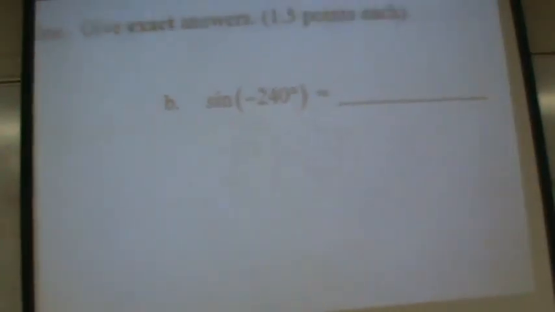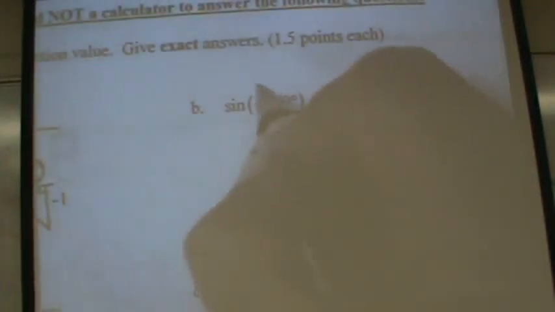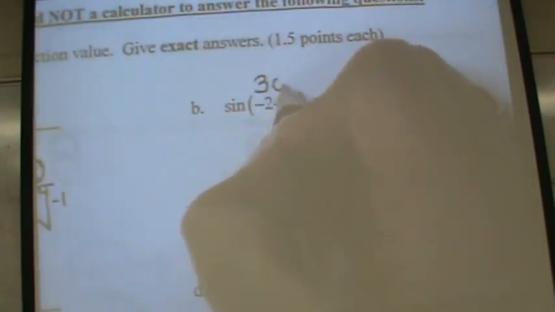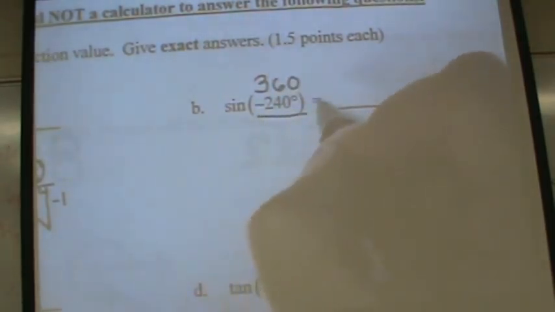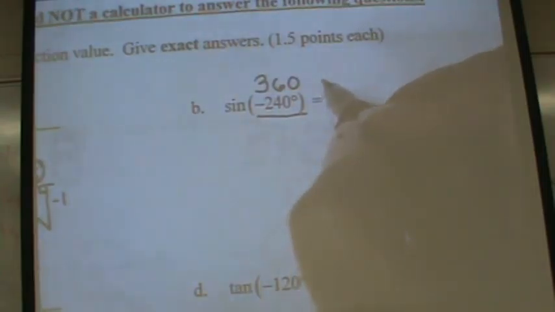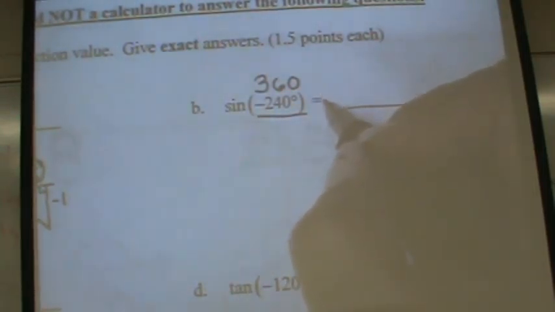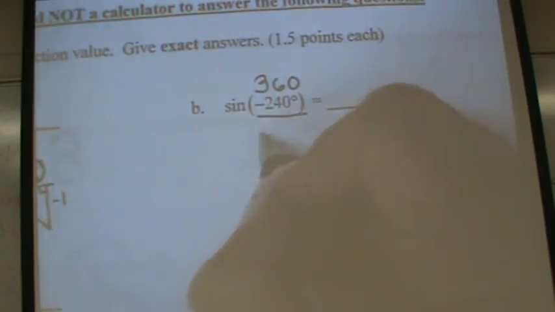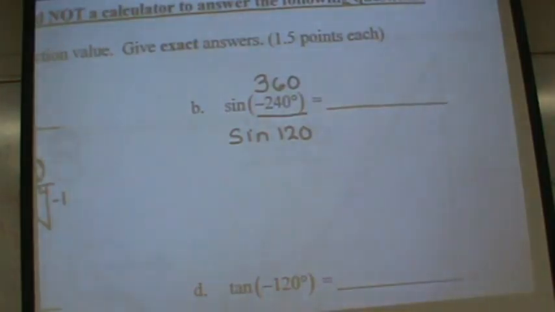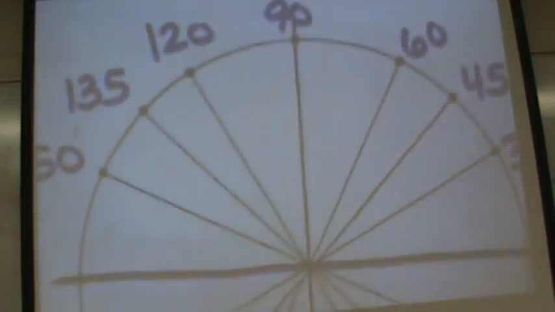I don't like going backwards 240. So I'm going to add 360 to this. Because I like to go from the x-axis, I like to go around. I like to make a positive angle. So if I go the other way, I get sine of 120. Where's 120 degrees?